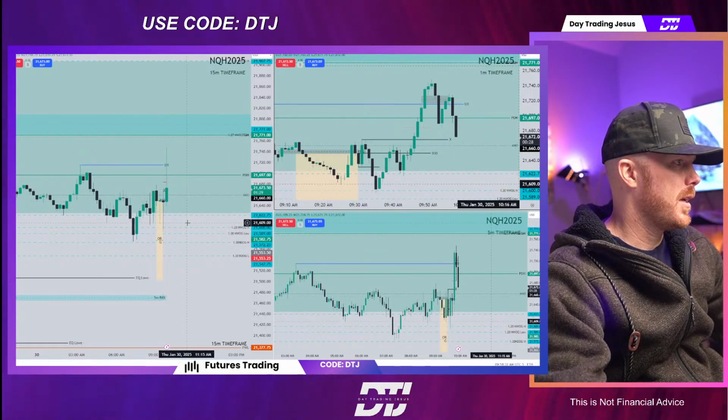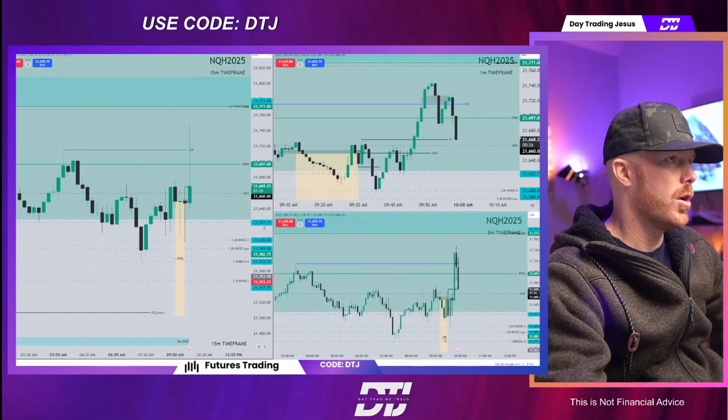This 15-minute candle is not looking good at all for a continuation.